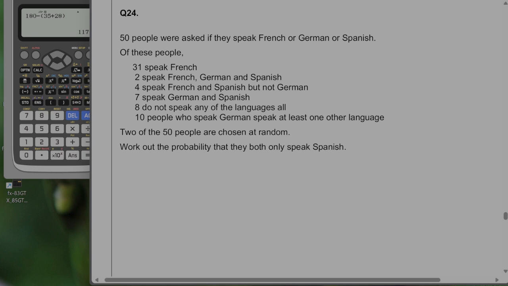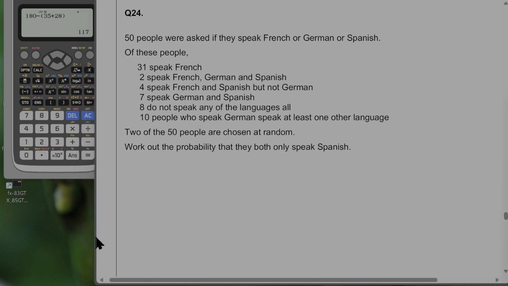Of these people, 31 speak French, 2 speak French, German, and Spanish. 4 speak French and Spanish, but not German. 7 speak German and Spanish. 8 do not speak any of the languages at all. 10 people who speak German speak at least one other language. 2 of the 50 people are chosen at random. Work out the probability that they both speak Spanish.